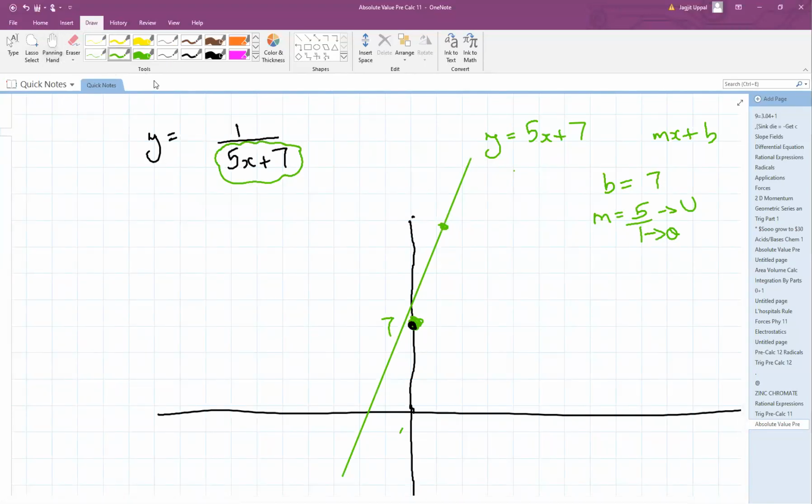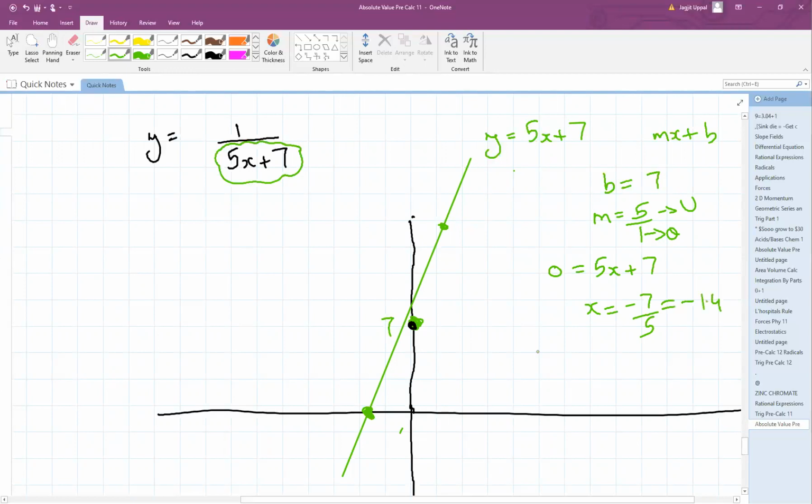Now we need to find this x-intercept right here. Understood? How do you get that? You make your y equal to 0. So 5x plus 7, x is going to be minus 7 over 5. Can you punch in minus 7 over 5 in your calculator? It's minus 1.4.